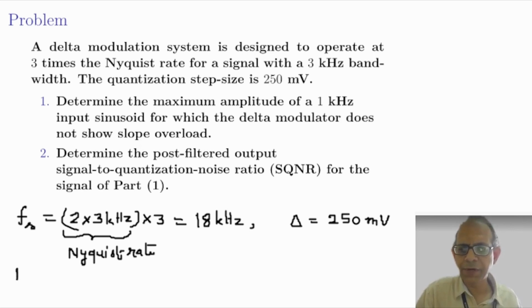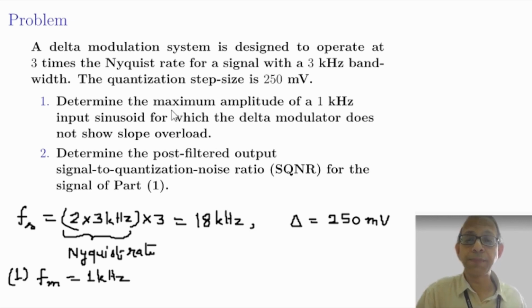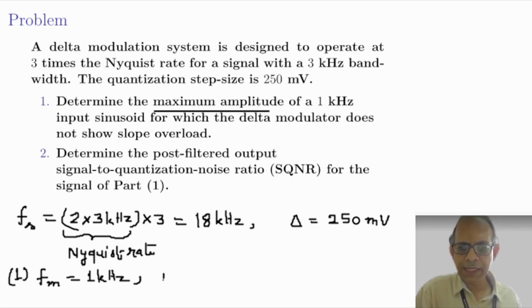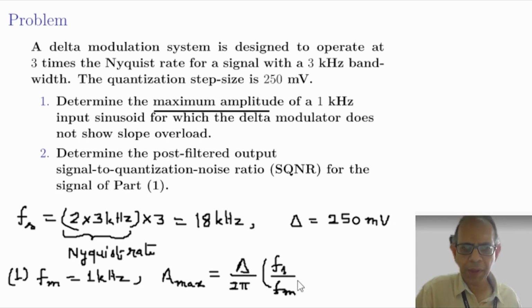And now look at the first part of the problem. The signal frequency is given to be 1 kilohertz. So Fm is equal to 1 kilohertz. And we are required to compute the maximum amplitude that does not result in slope overload. So we know that the maximum amplitude which does not result in slope overload is equal to delta by 2 pi into Fs by Fm.